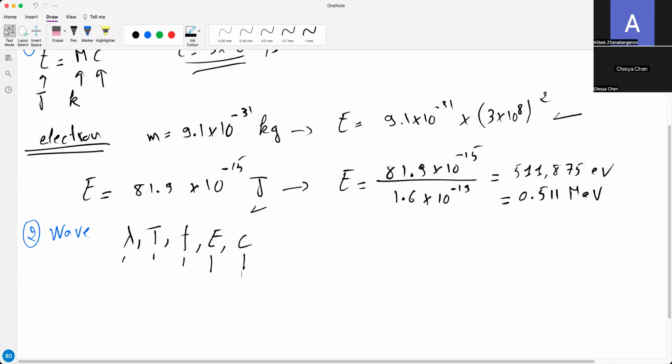So what is the relationship between the wavelength, the speed, and the period? The distance is speed times time.